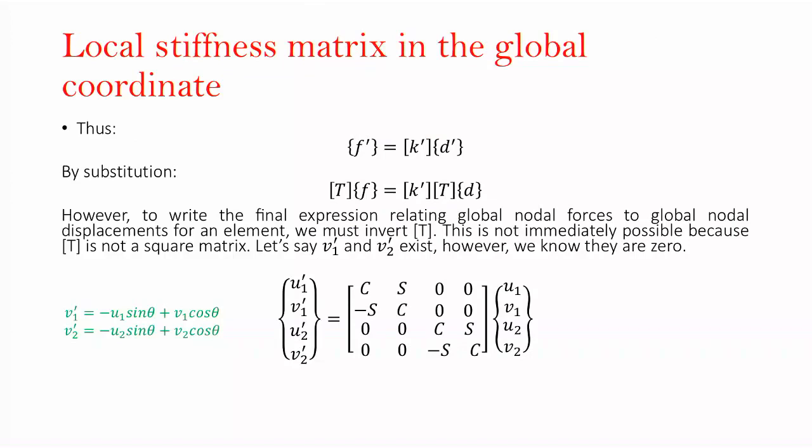And then we can just substitute the f prime by T times f, and the same for the displacement in the local coordinates, and transfer it to the global coordinate.